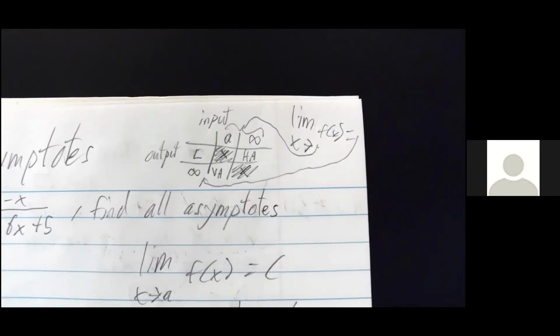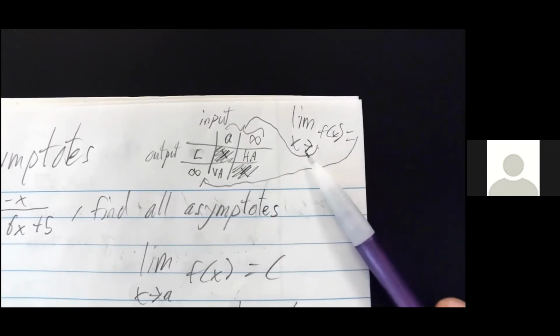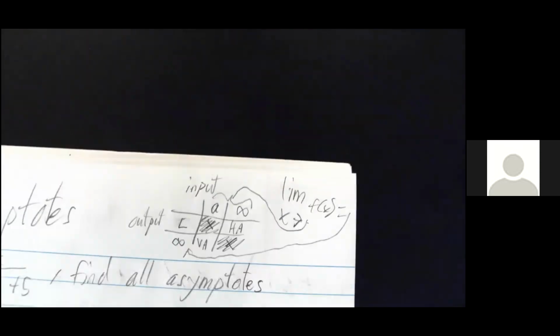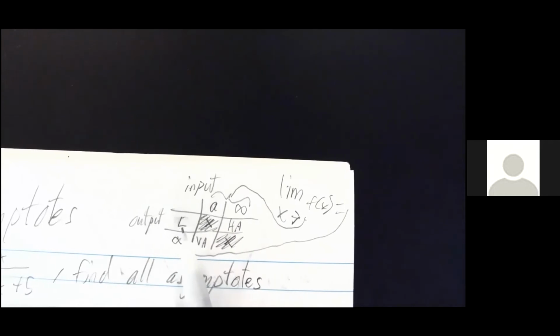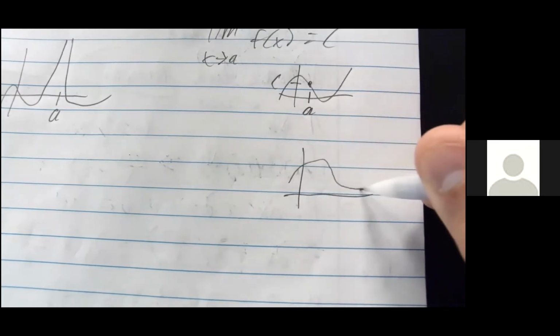Okay. So that's the case where you're taking a limit to some normal value like A, which I'll show you in a second. The other case is if you take a limit where x goes to infinity. That means all the way to the right of some function or all the way to the left of some function. If you get out a normal value, you're going to have a horizontal asymptote, right? Because that's the case where you might do it like this, and then you're never going to hit it.